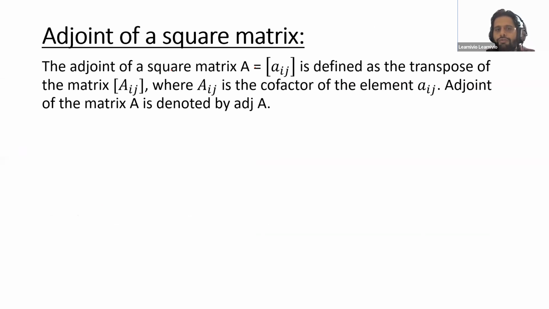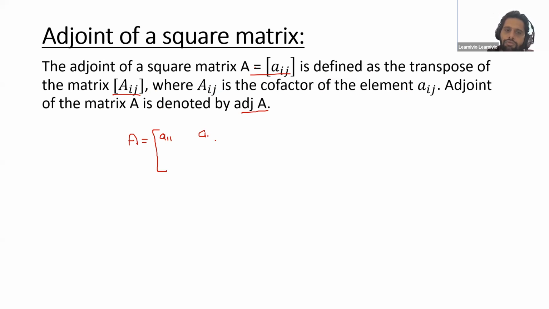Okay, so adjoint of a square matrix is defined as the transpose of the matrix of cofactors, where Aij is the cofactor of the element aij. Adjoint of the matrix is denoted by adj. Now, we will discuss the meaning of this, how we can find the adjoint of a matrix. So first of all, we will form a matrix.